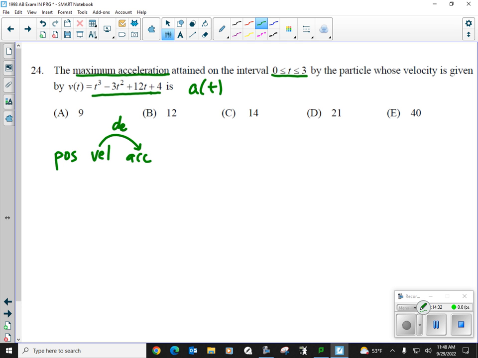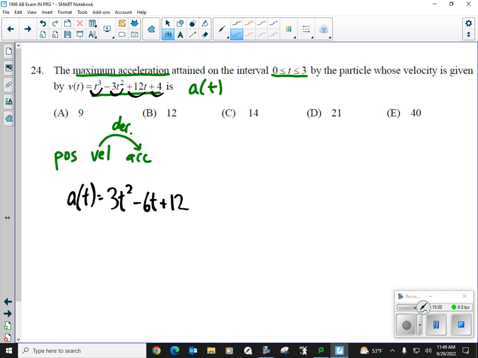That's one derivative away. So I need to take the derivative of velocity. That's acceleration. The derivative of t cubed is 3t squared, minus the derivative of 3t squared, which is 6t. The derivative of 12t is just 12, and the derivative of 4 goes bye-bye.